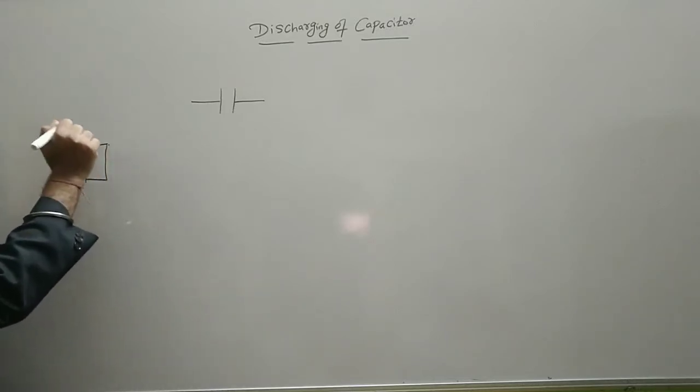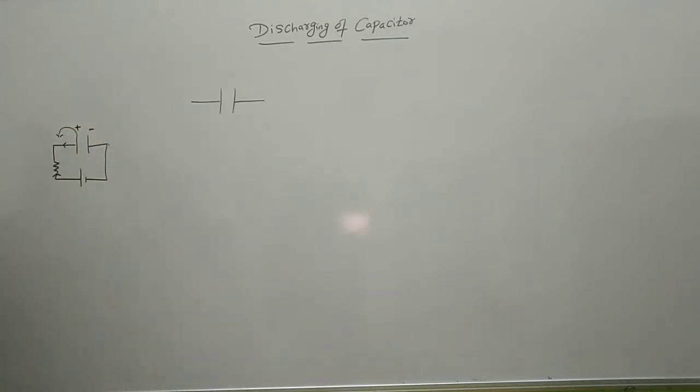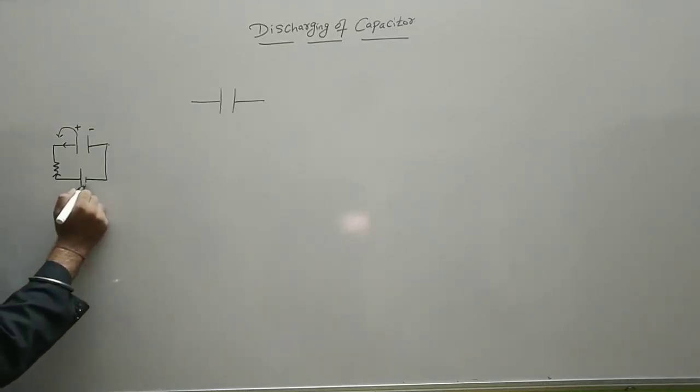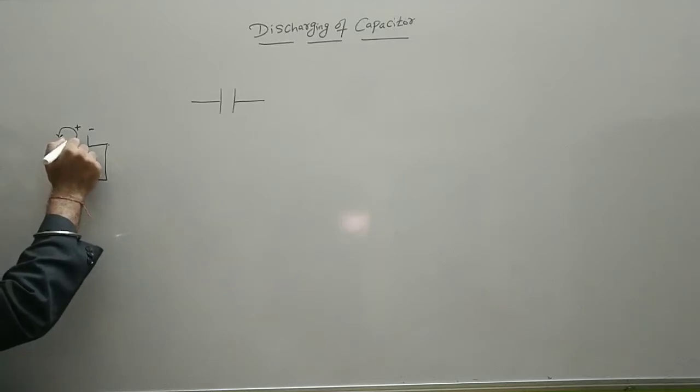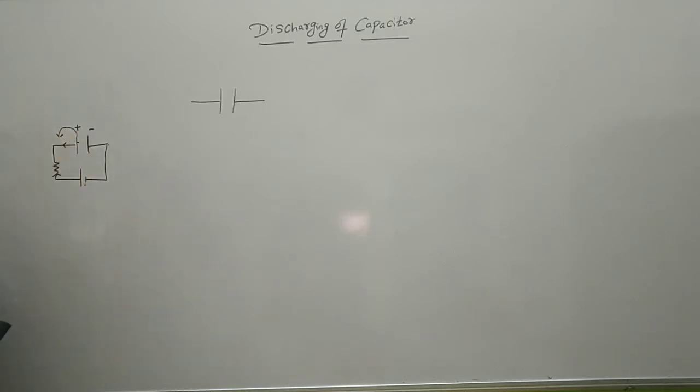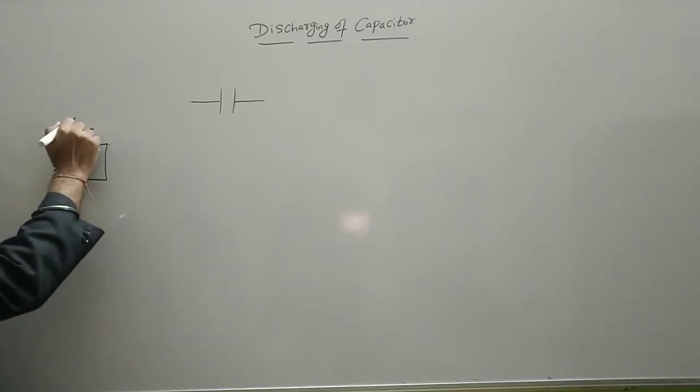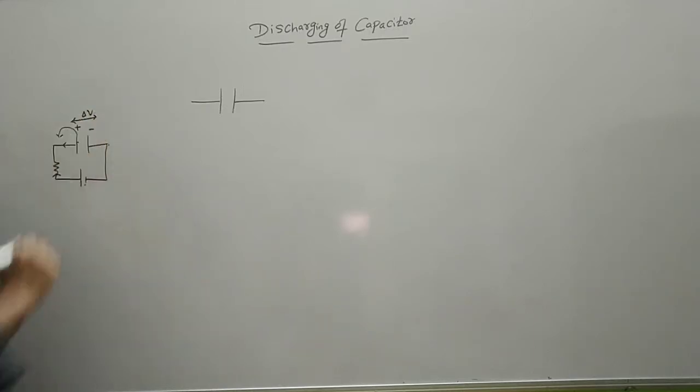This plate becomes positively charged, and this plate becomes negatively charged. In other words, with the help of a battery, electrons were transferred from one plate to another. As a result, the potential difference across this capacitor increases and the potential difference across the resistor, which was maximum initially, decreases.